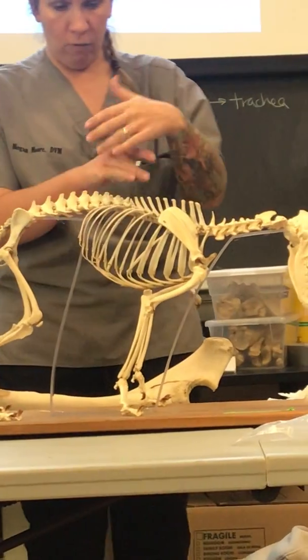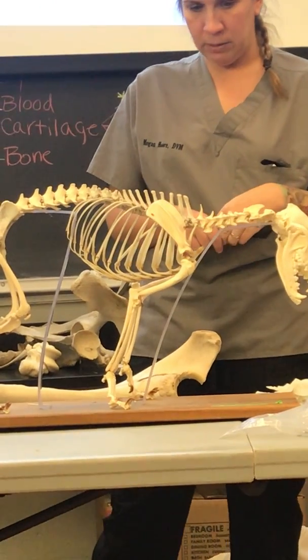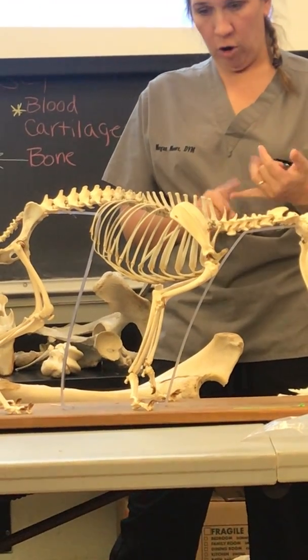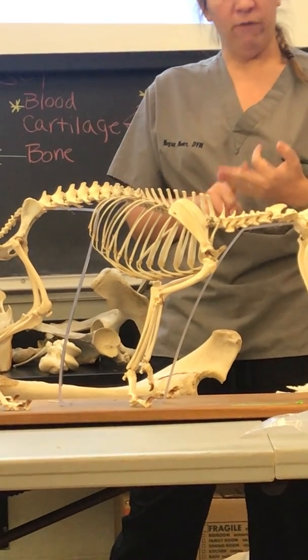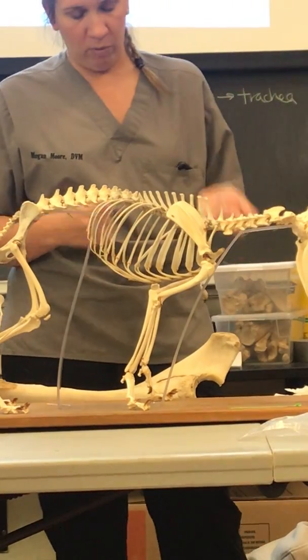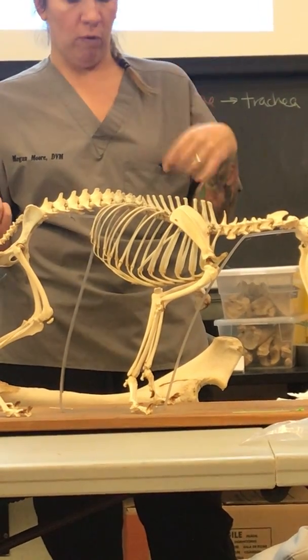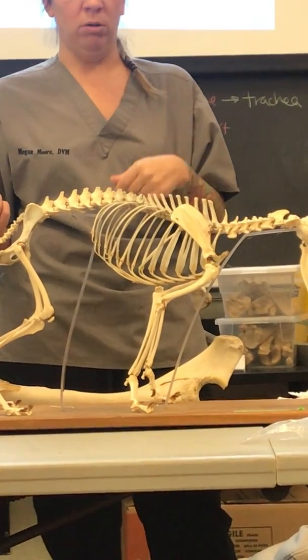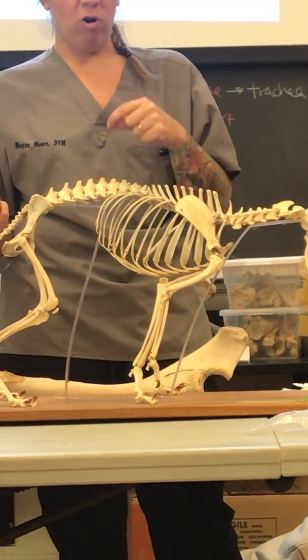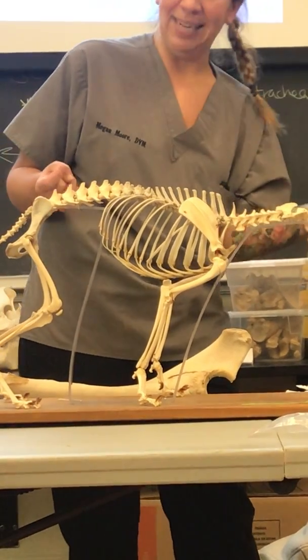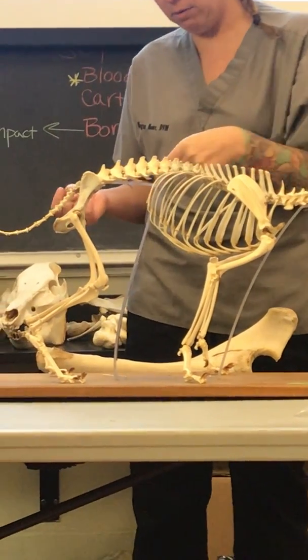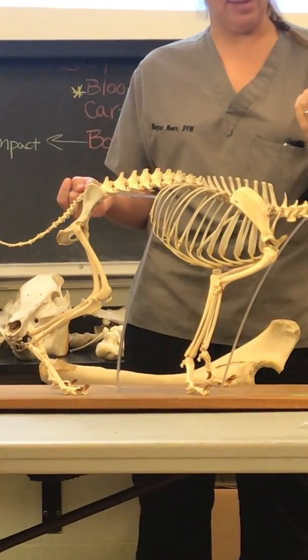Okay. Ribs. What do we need to know about ribs? So sternal, asternal, and floating. Sternal are true ribs. What does that mean? Attached to the sternum. Their cartilage is directly attached to the sternum. Asternal. Their cartilage is attached to the preceding rib's cartilage. And floating, not attached. Their cartilage is not attached.